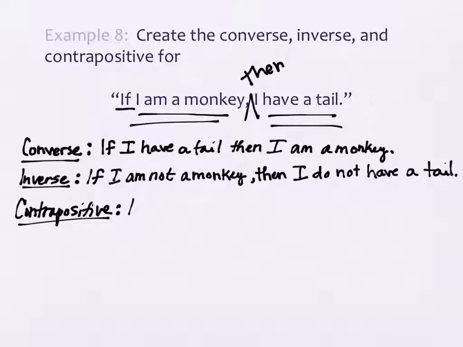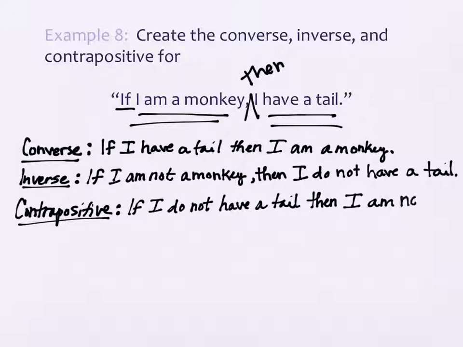All right, so we're starting with an if. So if I do not have a tail, then what? Then I am not a monkey.